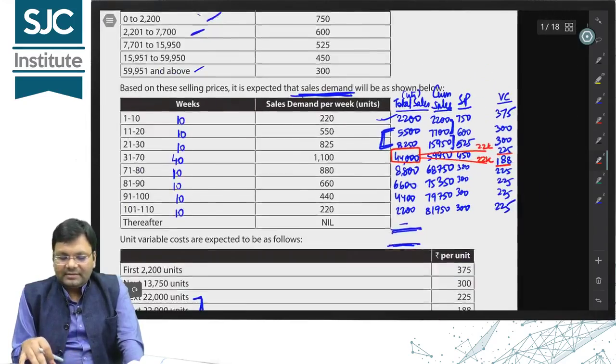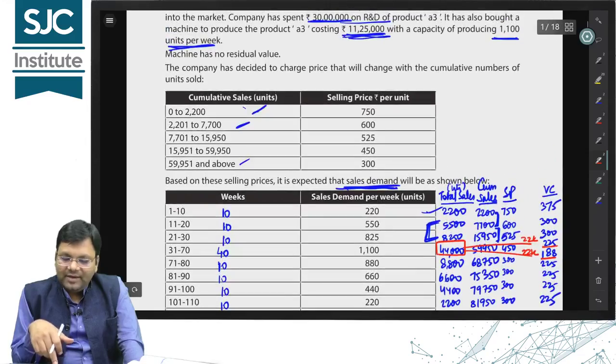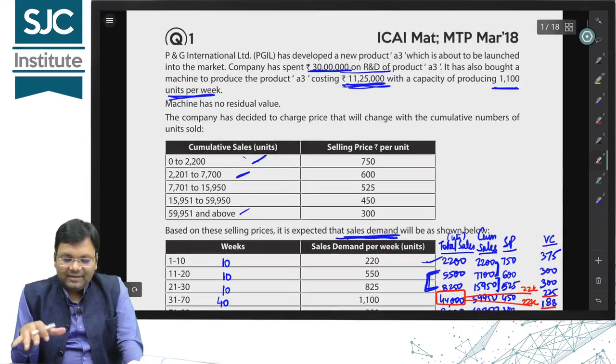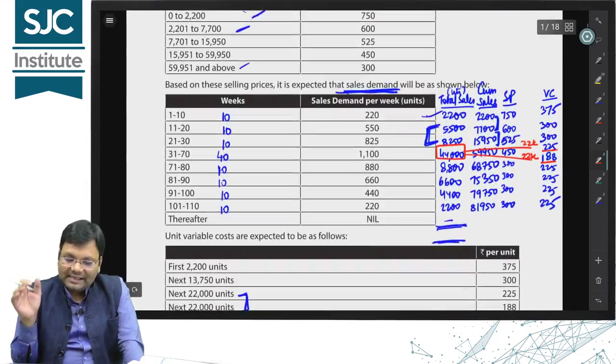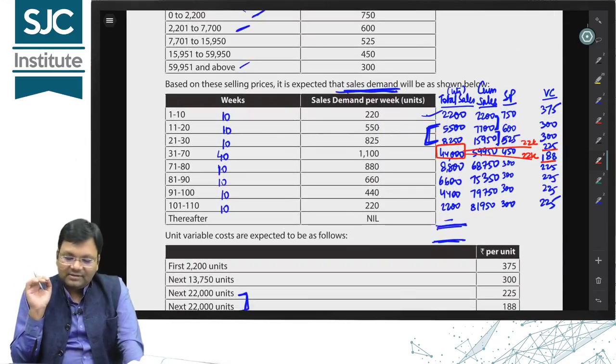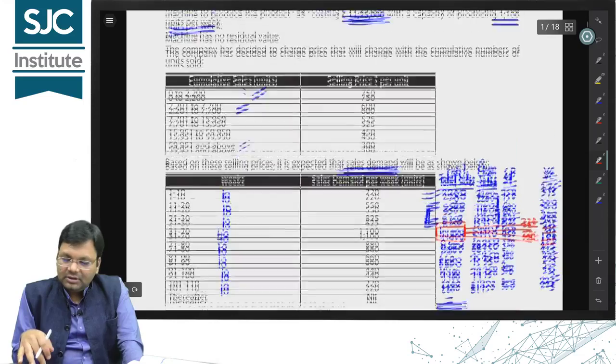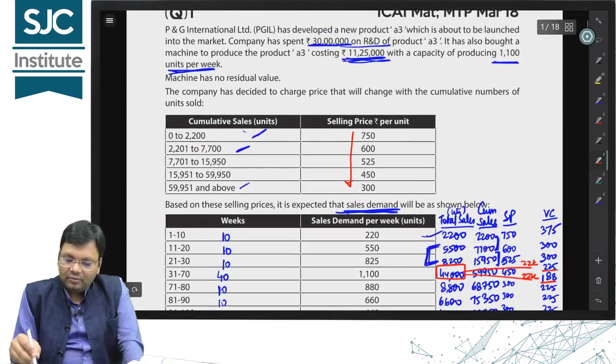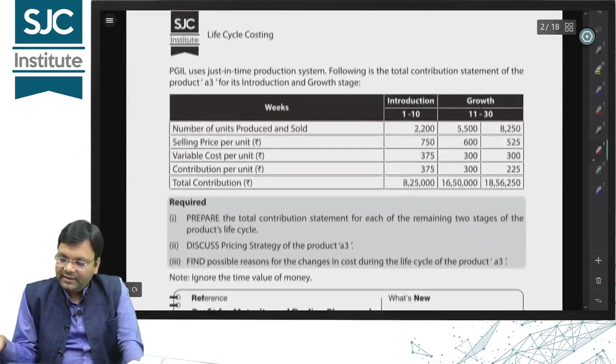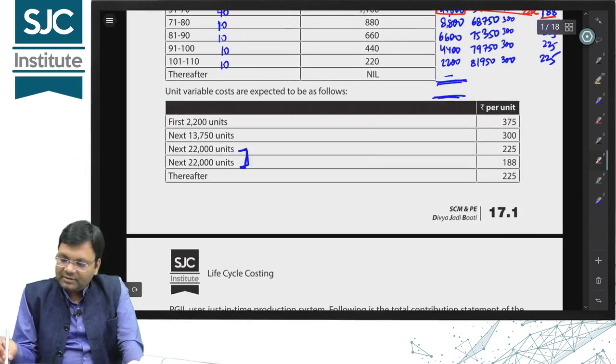So idea is we are actually understanding that sales price is changing, variable cost is changing. Price goes from high to low, and cost goes from high to low and then again high.